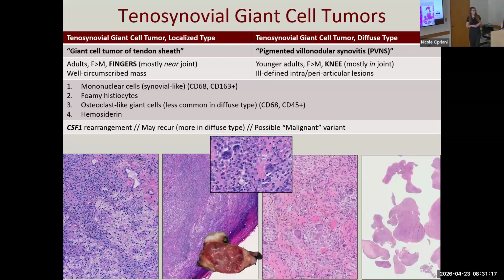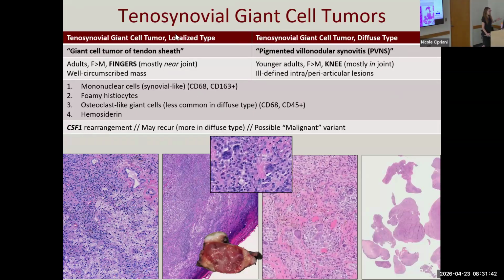Tenosynovial giant cell tumors are either of localized type or diffuse type. I don't know whether the boards are going to be up to date on the terminology, but the localized type used to be called GCT of tendon sheath and the diffuse type used to be called PVNS. They're both the same. They both have a combination of mononuclear histiocytes, foamy histiocytes, and giant cells, and hemosiderin. And now we know CSF1 gene rearrangements.